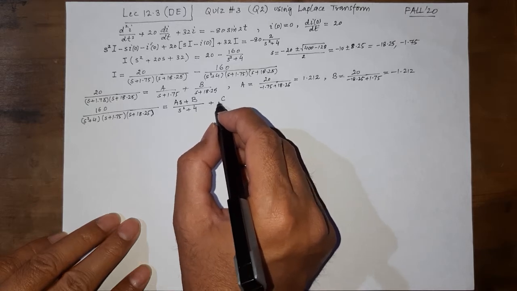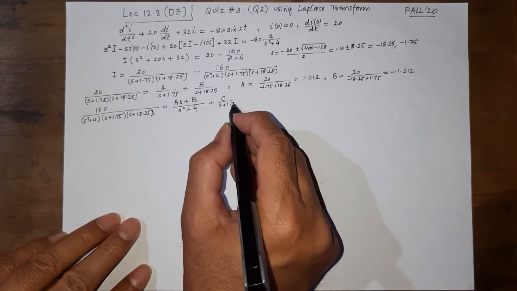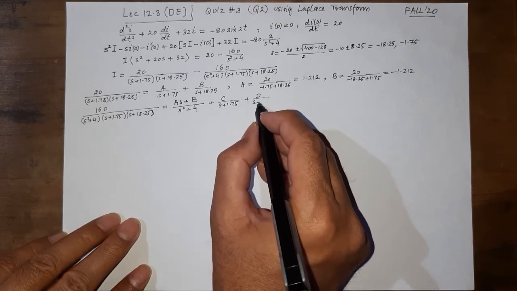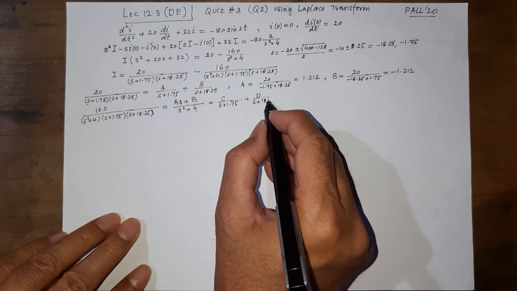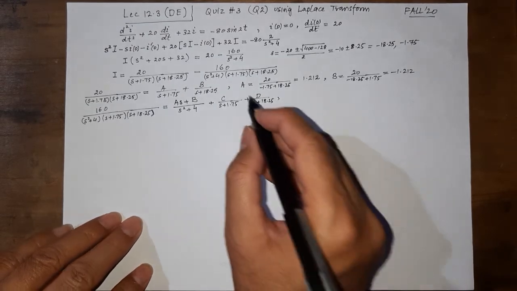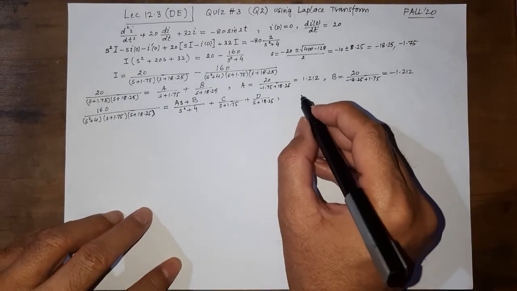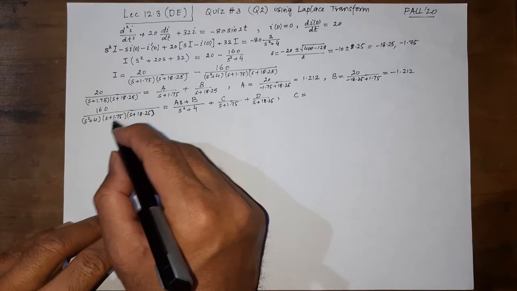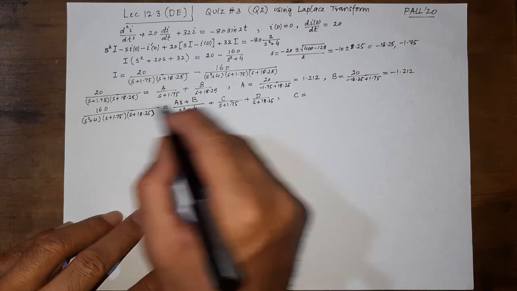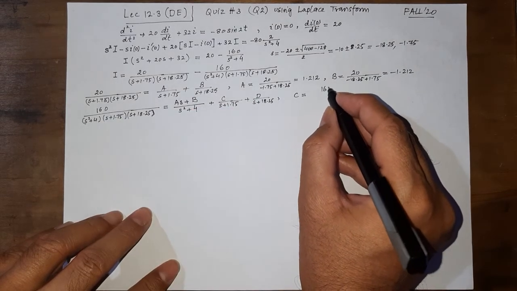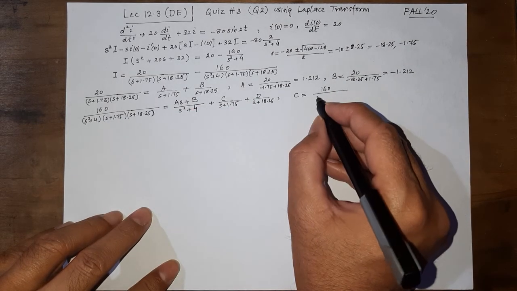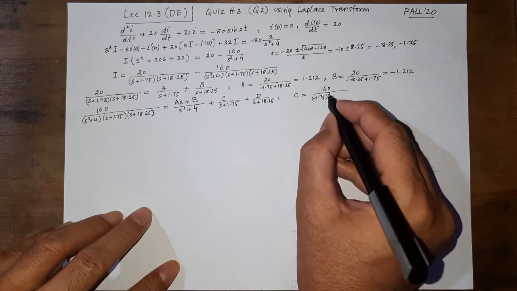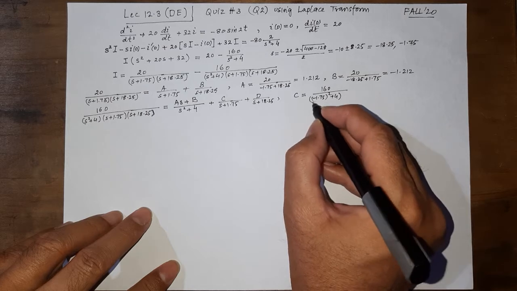plus some c over s plus 1.75 plus d over s plus 18.25. So using the same method, at least we can find c and d very quickly. So c will become equal to, this factor cancels out, and all the other s would be put equal to minus 1.75 square plus 4 is this factor.